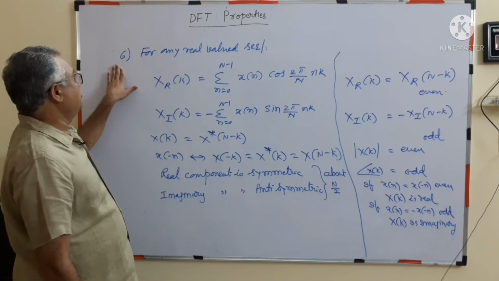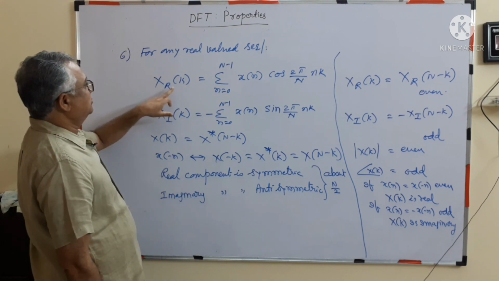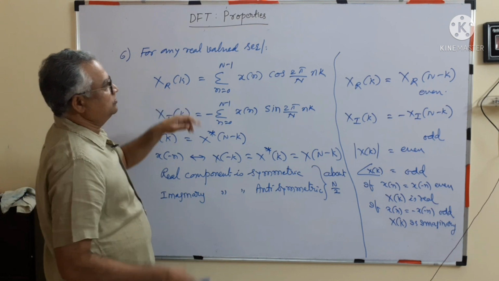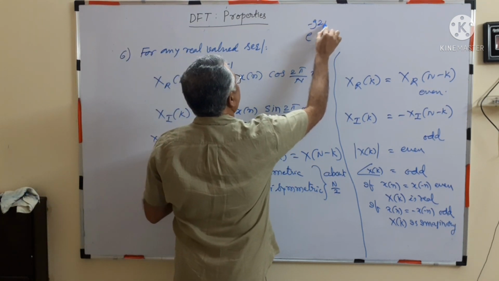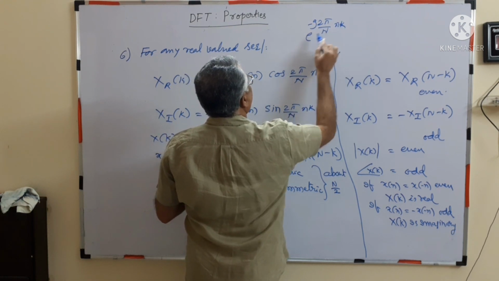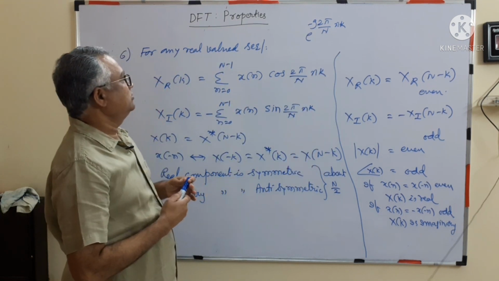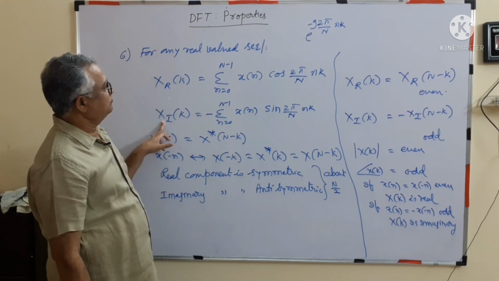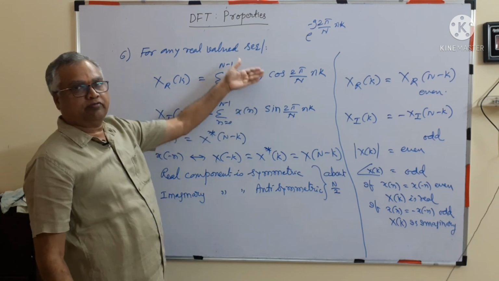So this is the sixth property, for any real valued sequence. Real part of the DFT, XR of k. So originally this is separated, e power minus j 2 pi by N k. So e power minus j theta is cos theta minus j sin theta. So this cos part is real, sin part is imaginary. So how to separate the DFT real part and imaginary part with the help of formulas.